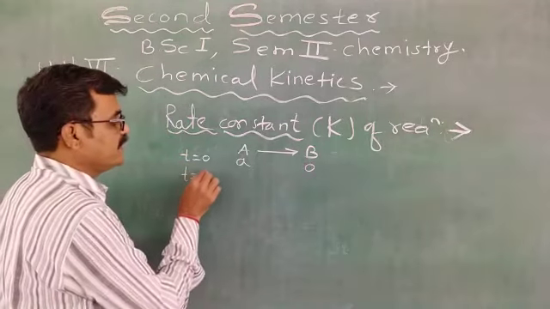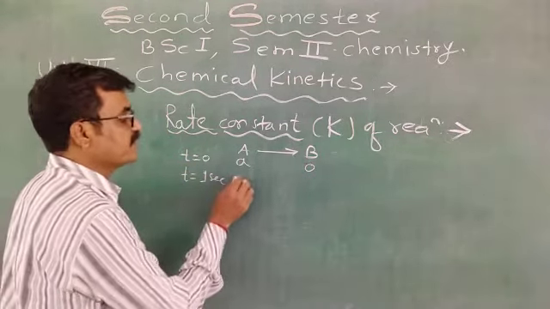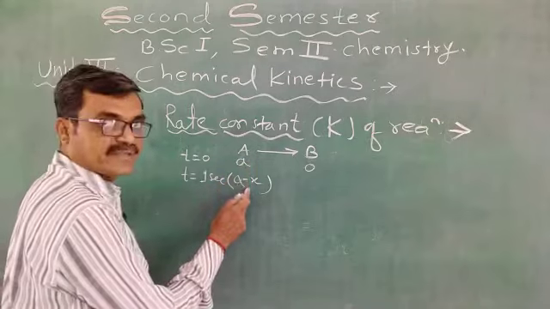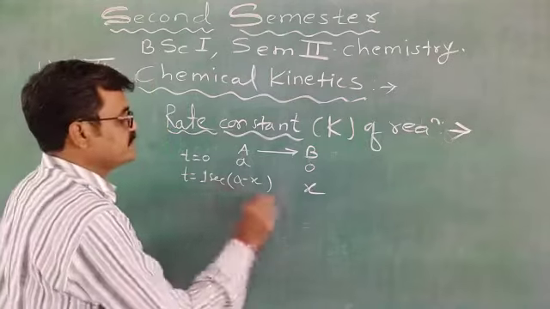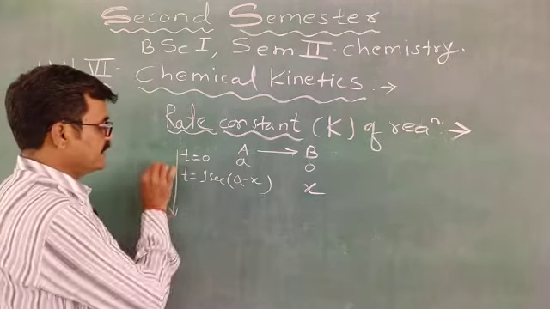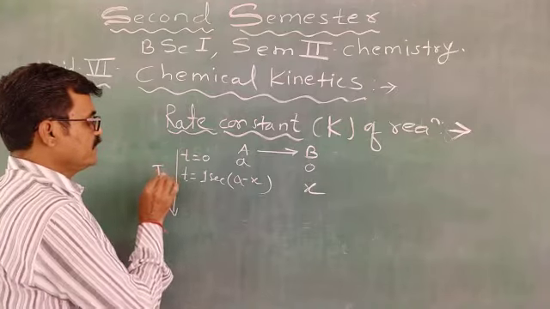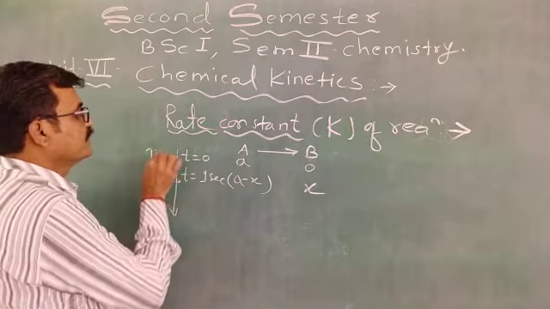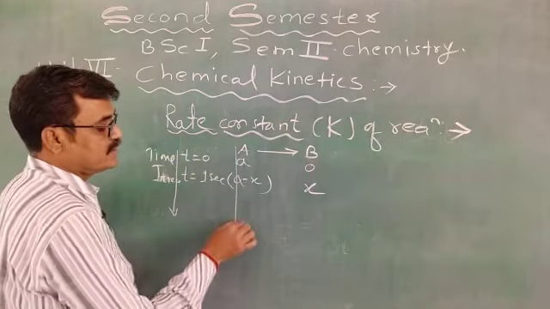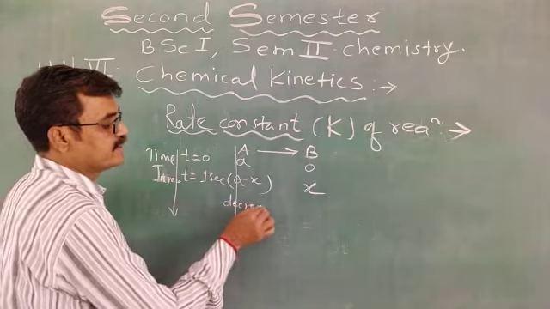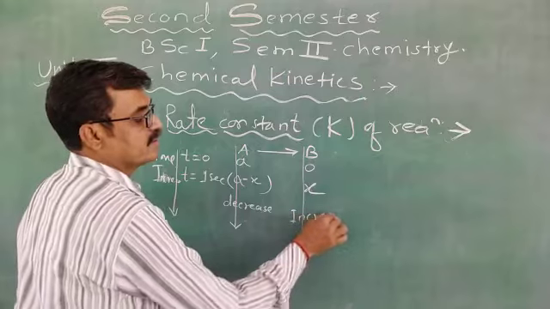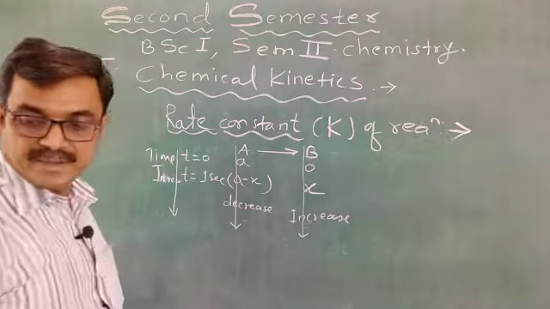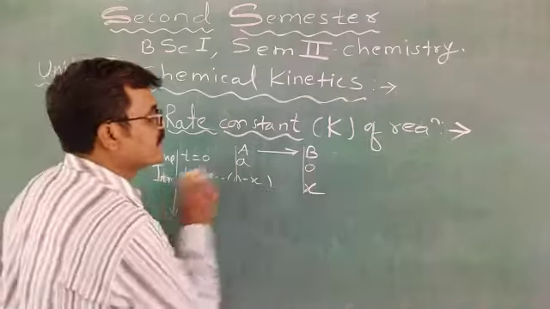As time increases, say to 1 second, the concentration of A decreases to A minus X, and the product increases, suppose X. In this way, as time increases, the concentration of the reactant decreases and the concentration of product increases. Getting it?